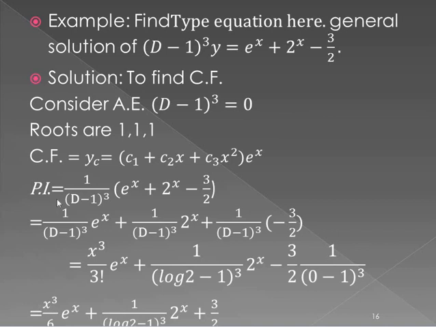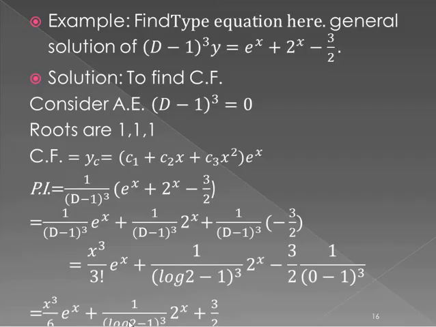So our PI is x cube upon 6 e raised to x plus 1 upon log 2 minus 1 cube, 2 raised to x, plus 3 by 2. That is the value of PI, and by combining these values of CF and PI we get the general solution.